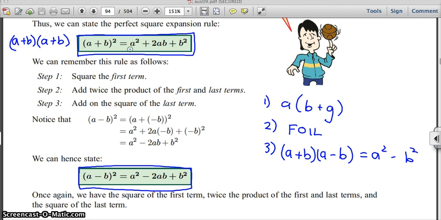But all this is saying is that this is a shorter way of going about it. So you square the a, or the first coefficient, you add 2 multiplied by the first coefficient multiplied by the second coefficient, and just remember that the sign goes with it. It's just a rule.